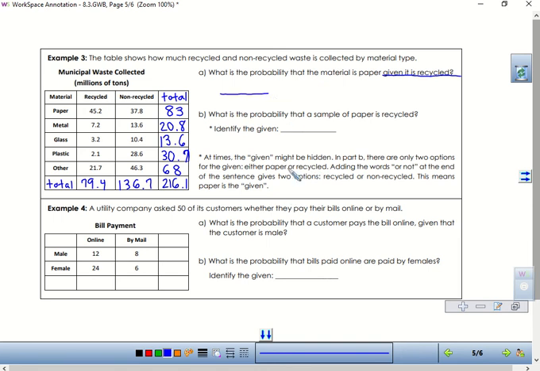So what's the total number of recycled material? Good, 79.4. And then to find your numerator, you take paper that is recycled, which is how much? Good, 45.2, which will ultimately give me 56.9%.